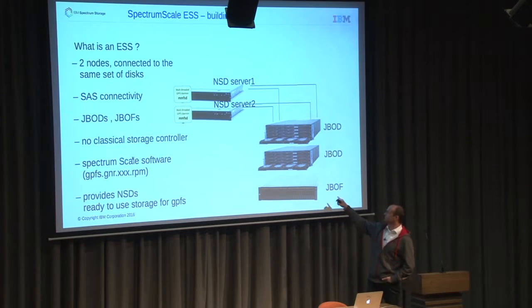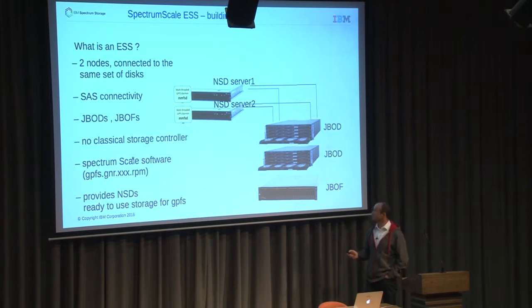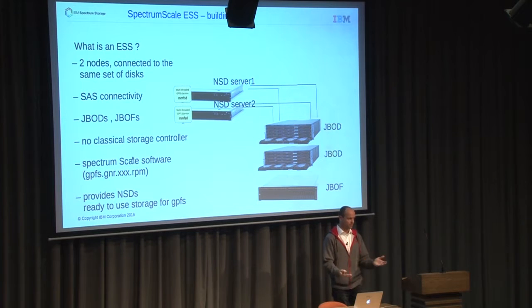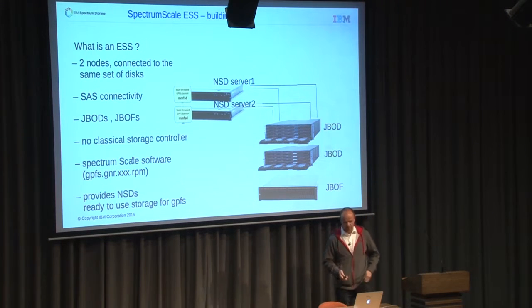We have various vendors implemented, but pretty common is the LSI high density enclosures. And then within this amount of disk, we allocate disk space. We call it a vdisk. You can compare it with a LUN, something like this. And we allocate this from here and provide it to all members in the cluster.